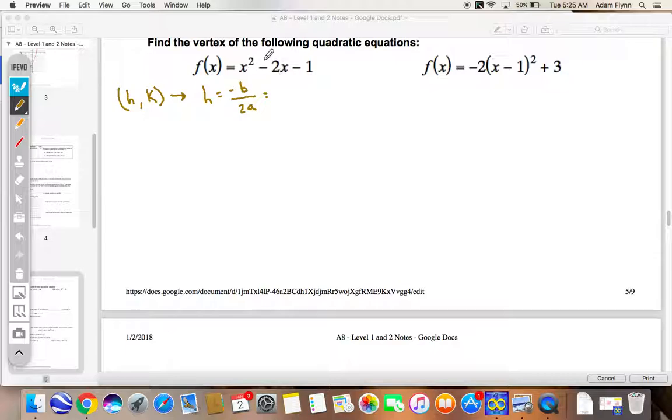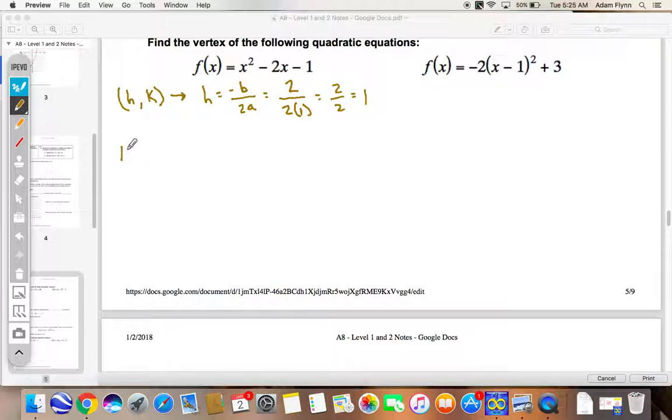I know my b is negative 2, so I need negative, negative 2, or the opposite of negative 2. So I get 2, and 2a, so 2 times whatever my coefficient of my quadratic term is here. So it's a 1. So I get 2 over 2, which equals 1.